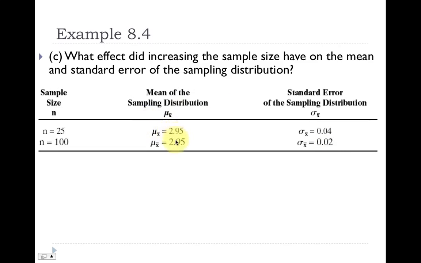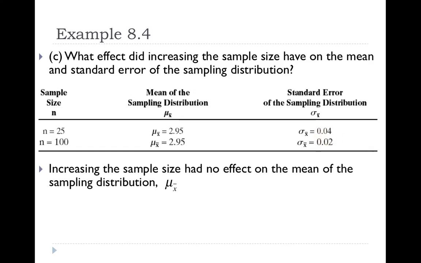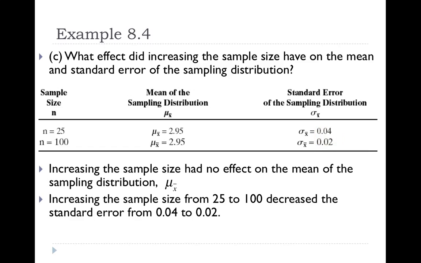You change the sample size, you do not affect the mean of the sampling distribution. What effect did it have on the standard error? It decreased the standard error, 0.04 to 0.02. Increasing the sample size decreased the standard error. So increasing the sample size had no effect on the mean of the sampling distribution, mu sub x bar, but increasing the sample size from 25 to 100 decreased the standard error from 0.04 to 0.02.